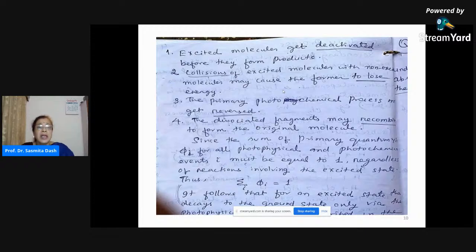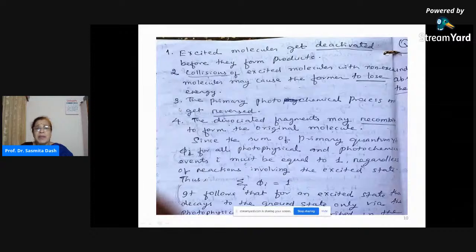Before that, what happens in secondary reaction is, number 1, the excited molecules can get deactivated before they form products. Number 2, there is another way of dissipating the energy, that is the collisions of excited molecules with non-exciting molecules, which can cause the former to lose energy.